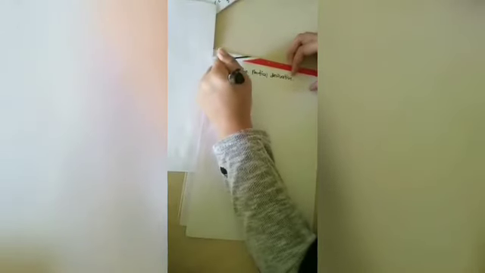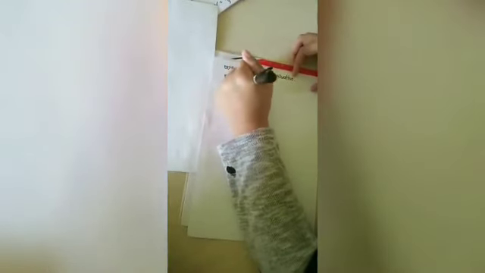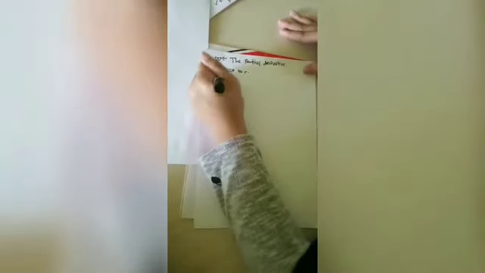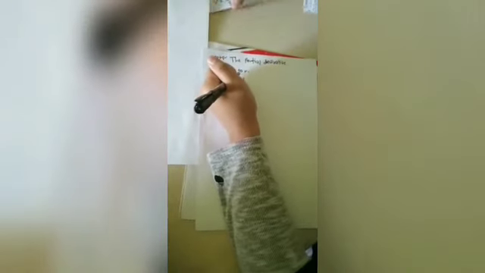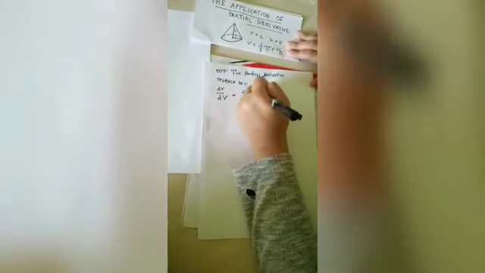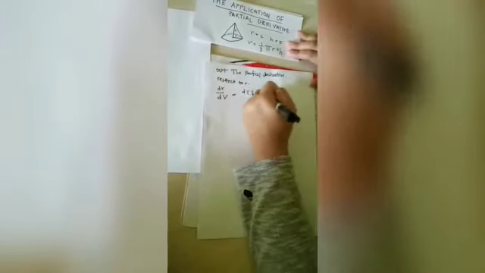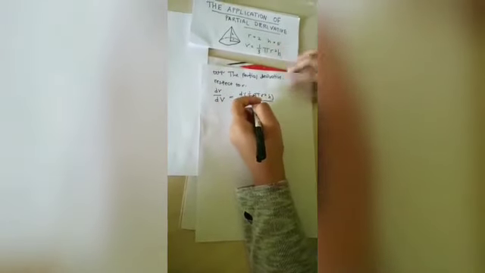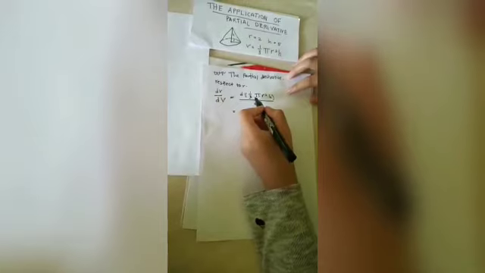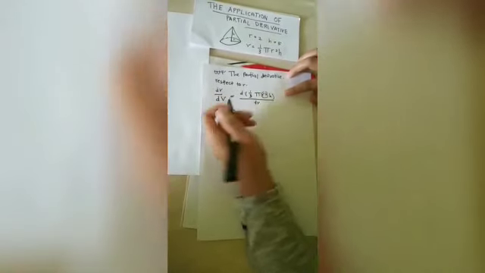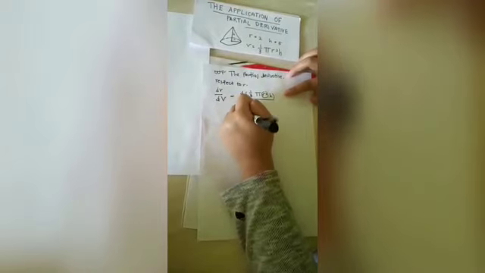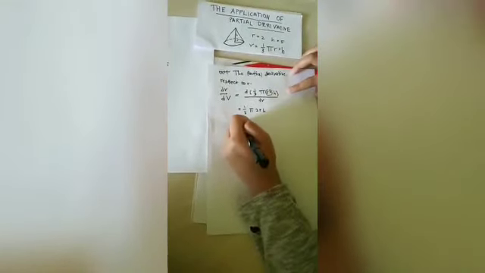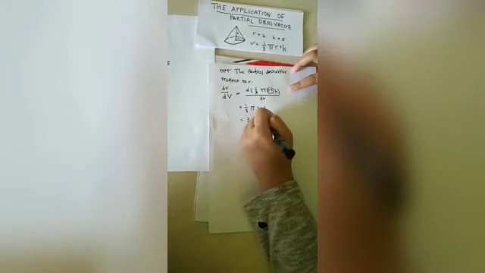We differentiate with respect to radius. dV over dr equals d of the formula of volume, 1 over 3 pi r squared h, divided by dr. We treat 1 over 3 pi and h as constants, and we differentiate r squared, and the answer is 2 over 3 pi rh.